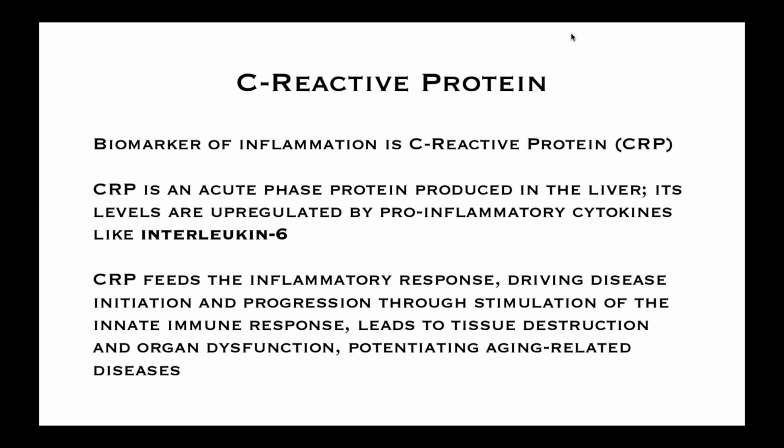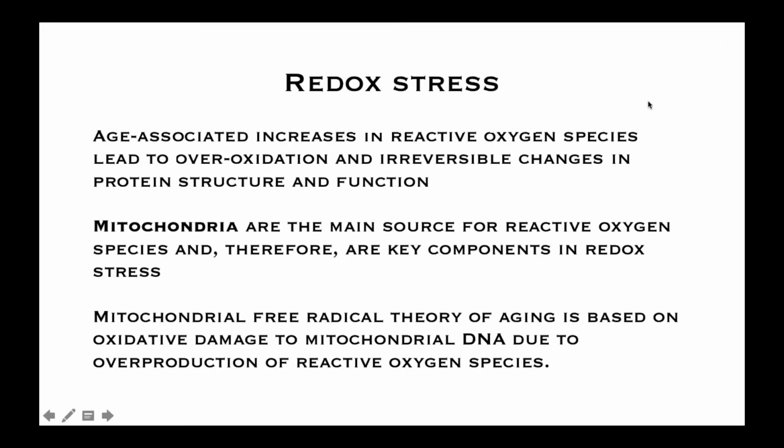So it feeds the inflammatory response, an autoimmune response in some cases, and then can definitely be associated with age-related diseases. So understanding what CRP is very important. If you have a client that you think has high inflammatory levels, you can ask them to go to their doctor and get a CRP test, and that would help you gauge their inflammatory level.